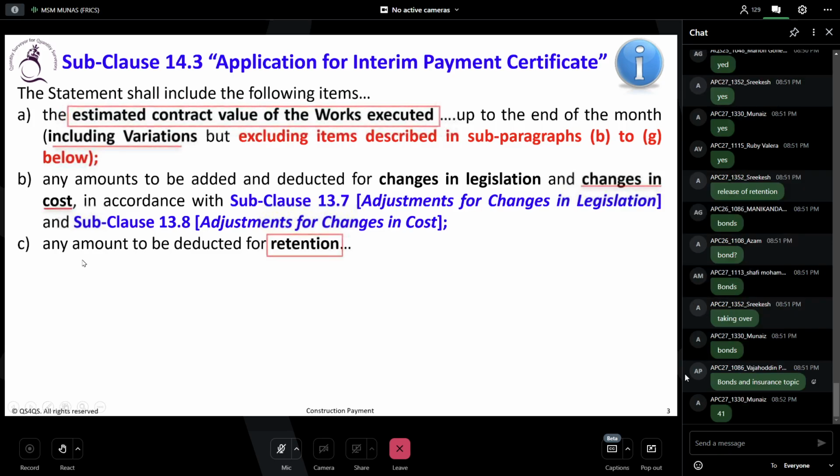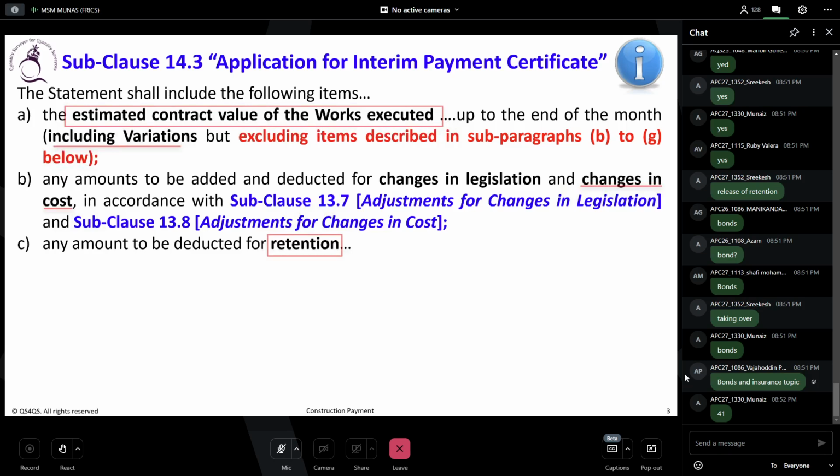Any amount to be deducted for retention, calculated by applying the percentage of retention stated in the appendix to tender to the total of the above amount. So above amount means A and B. Do you understand? It's a total of the above amount until the amount so retained by the employer reaches the limit of retention, if any, stated in the appendix to tender. This is on page number 42.